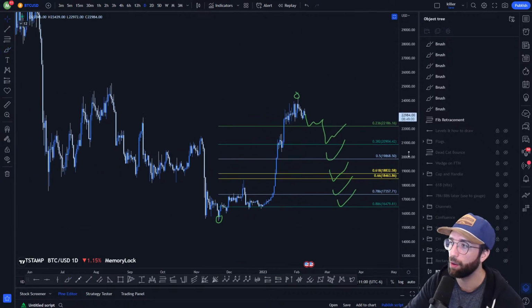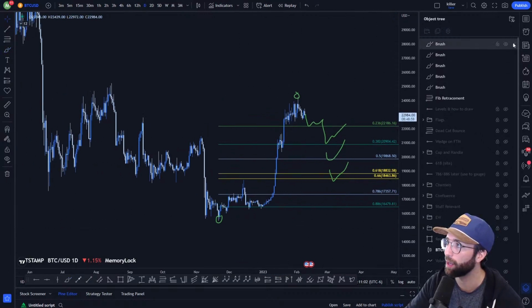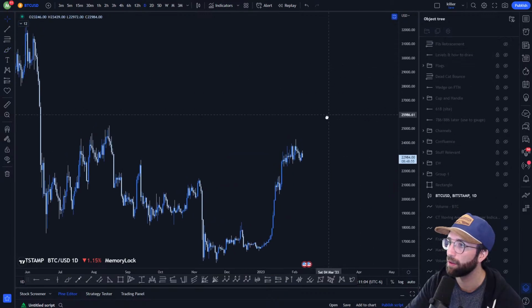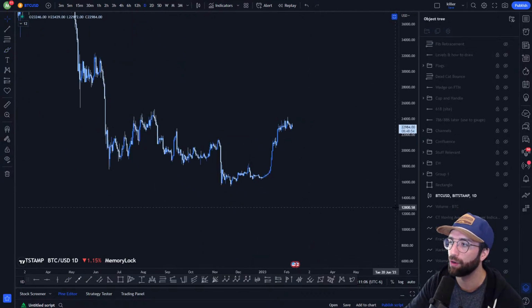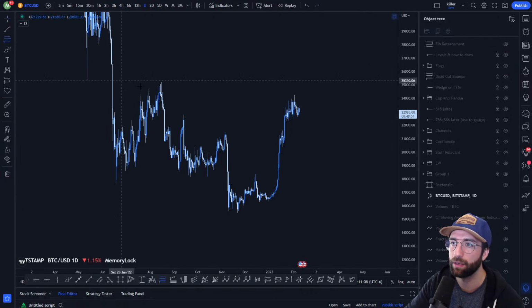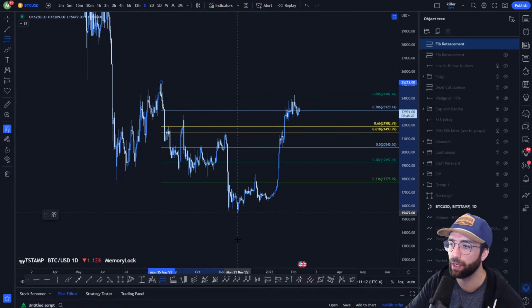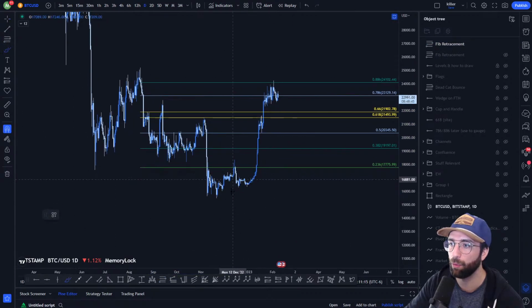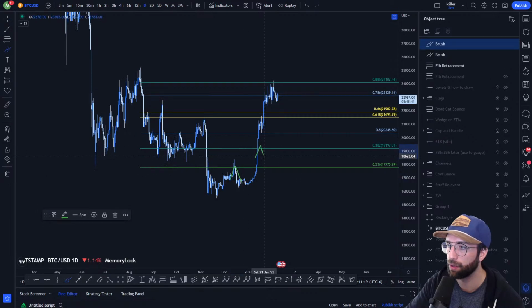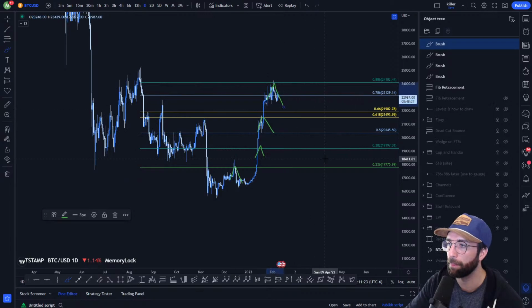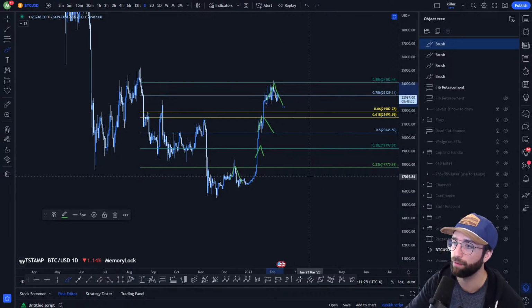Now, on the other hand, if we hide some of this stuff and go from the swing high to the swing low on the way up, these would be potential areas of resistance, again with added confluence.